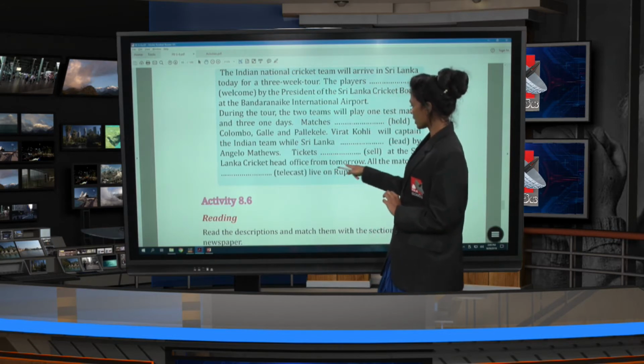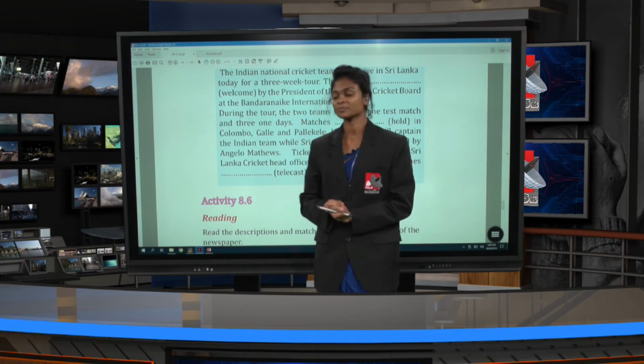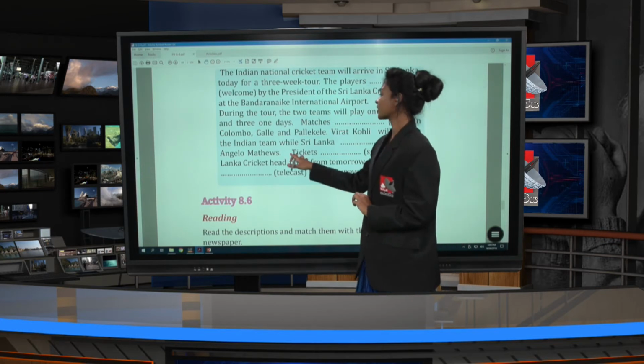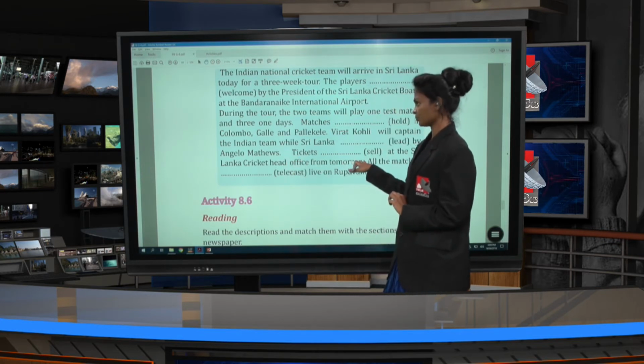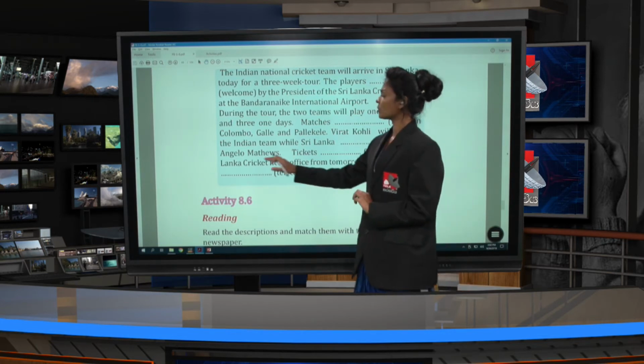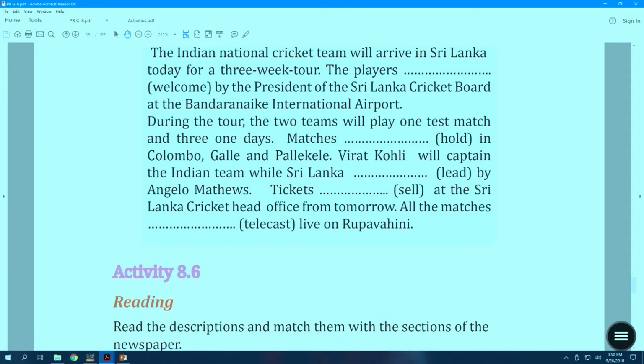Here, the word tomorrow tells you that the text is in future. All the matches, what is your answer? All the matches will be telecasted live on Rupavahini. Check your answers.